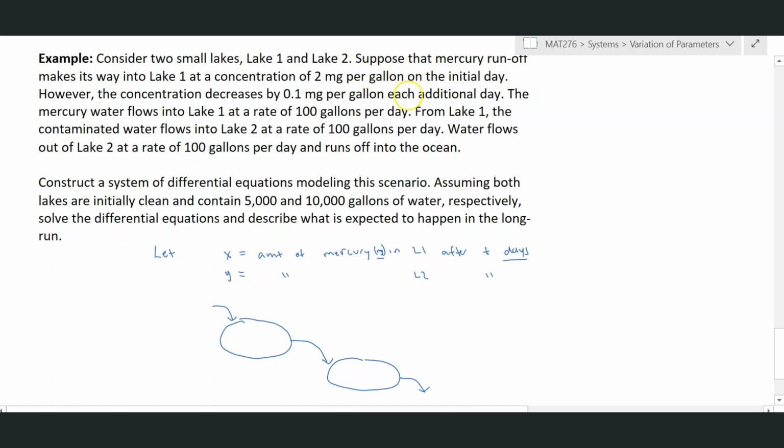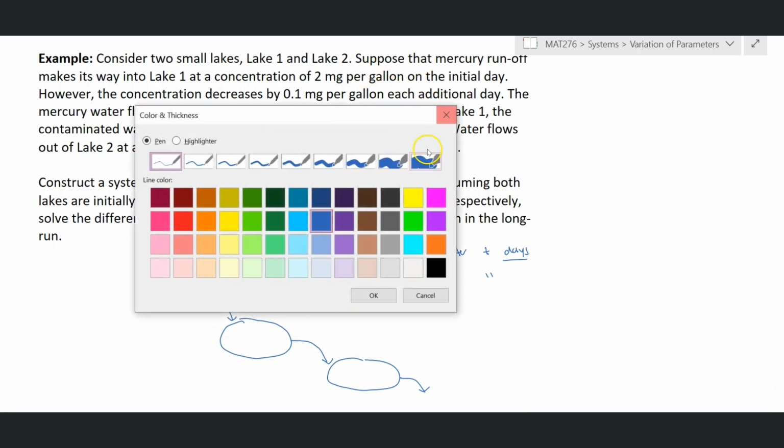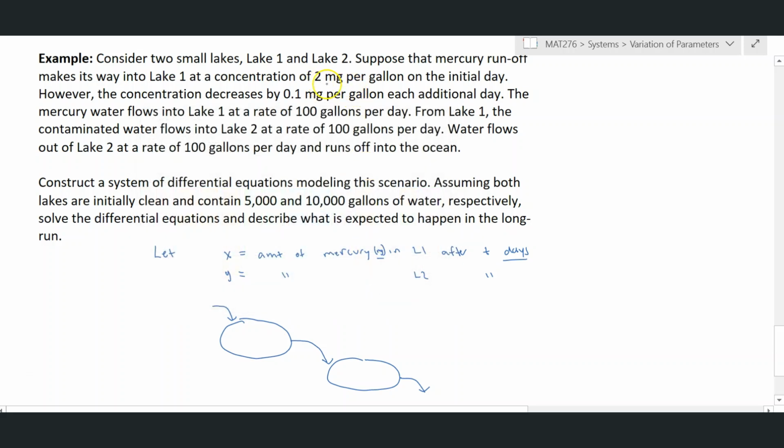So when we think about the concentration of mercury coming in, we should note that it's just on the initial day that we have 2 milligrams per gallon. So let's look at the milligrams per gallon as a function of time. We know that on day 0, the concentration will be 2, but 1 day later it'll be 1.9. 2 days later, 1.8, and so on.